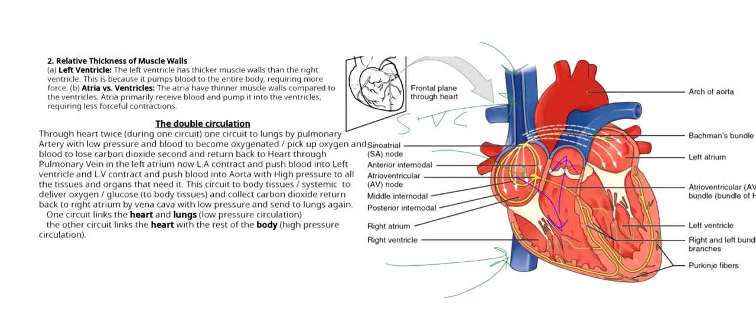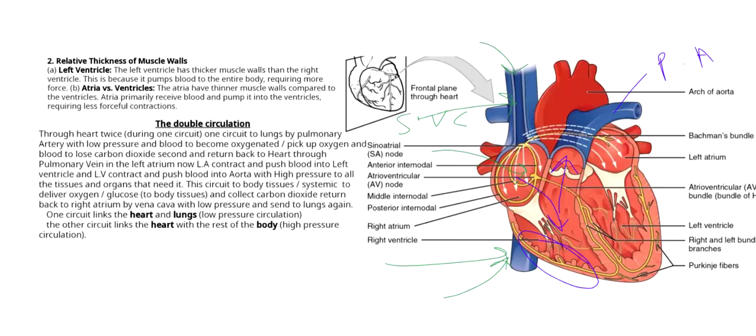The pulmonary artery carries the deoxygenated blood to the lungs, where the oxygenation of blood takes place. This pulmonary artery has a semilunar valve. This right ventricle has a thin wall, and the pressure generated by the right ventricle is really less.